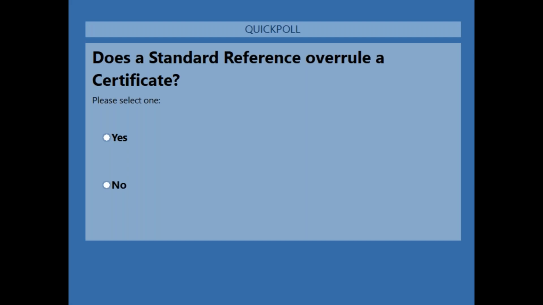Does a standard reference, so let's say 9.1 visual inspections, if it tells you something different than the certificate, does the standard overrule the certificate?